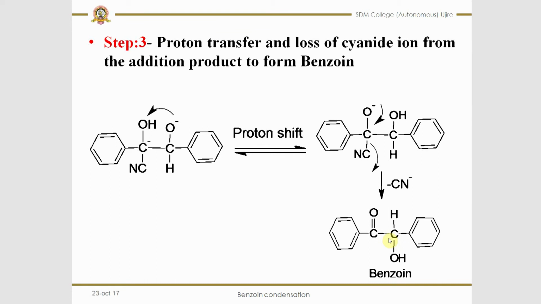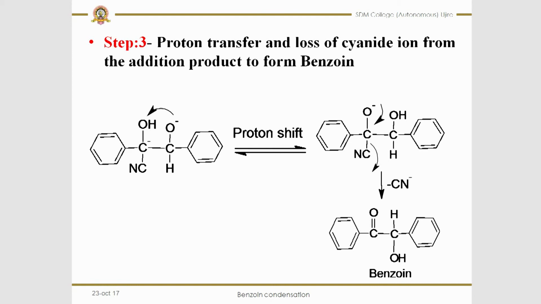Now, once again, we will summarize the reaction, benzoin condensation. Benzoin condensation takes place usually in aromatic aldehydes which lack alpha hydrogen, where two molecules of benzaldehyde undergo self-condensation in presence of alcoholic potassium cyanide to give a product called benzoin, or alpha hydroxy ketone.